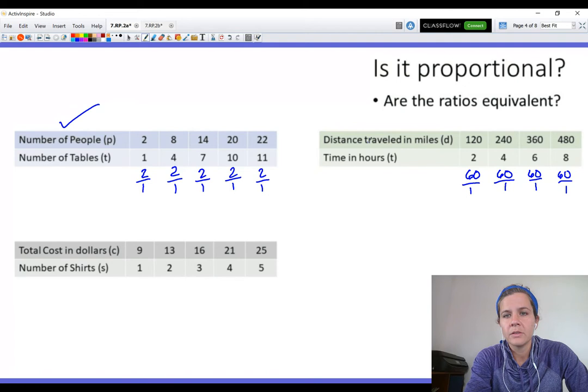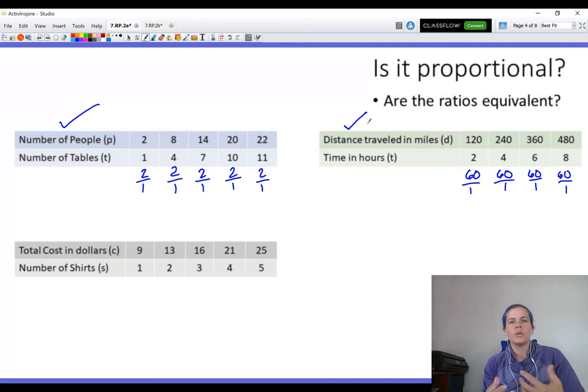So the green box, distance traveled in miles to time in hours, is proportional. Those are all equivalent ratios. They can simplify down to the same unit rate.